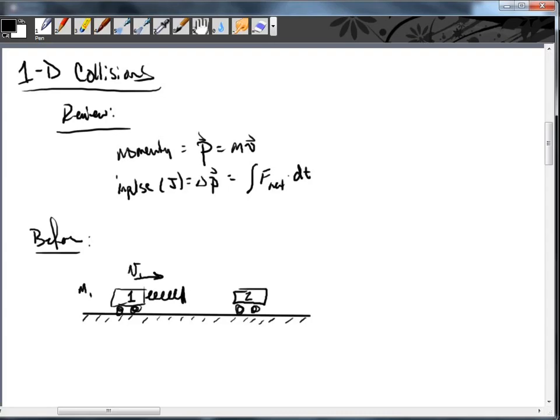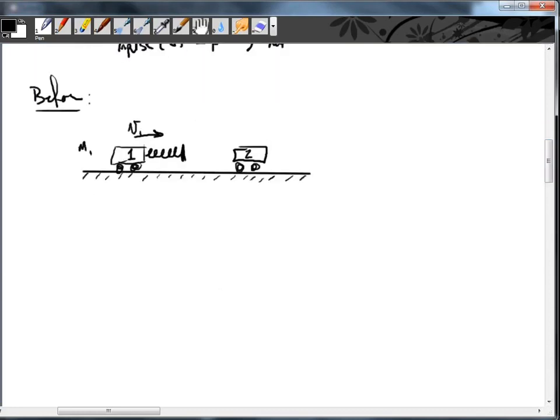Crate 2 has 0 initial velocity, and it's just standing there, waiting for the collision. This moves in with a velocity, and I'm going to draw a during for this one. You don't need to draw a during for a collision, but we're going to have one here.